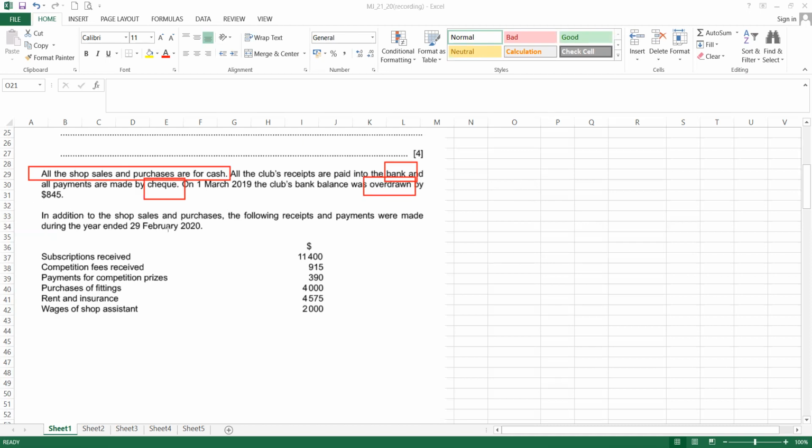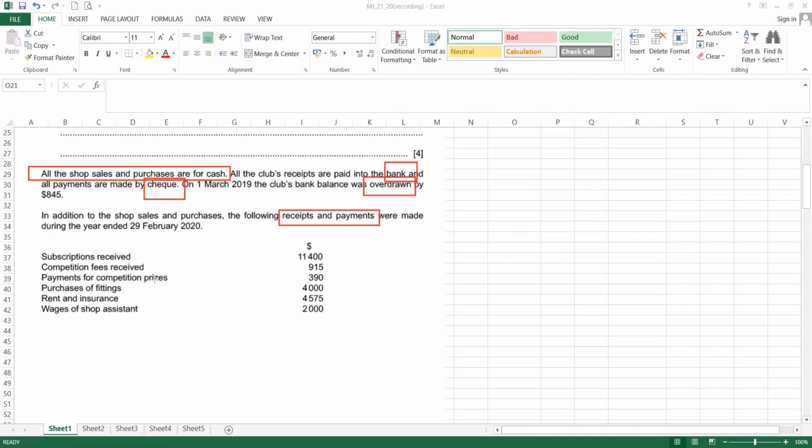In addition to the shop sales and purchases, the following receipts and payments were made during the year ended 29 February 2020. Subscription receipt, this is an income. Competition fee received, this is also income. So when you receive income, that means debit: your receipts and payments account should be on the debit side.